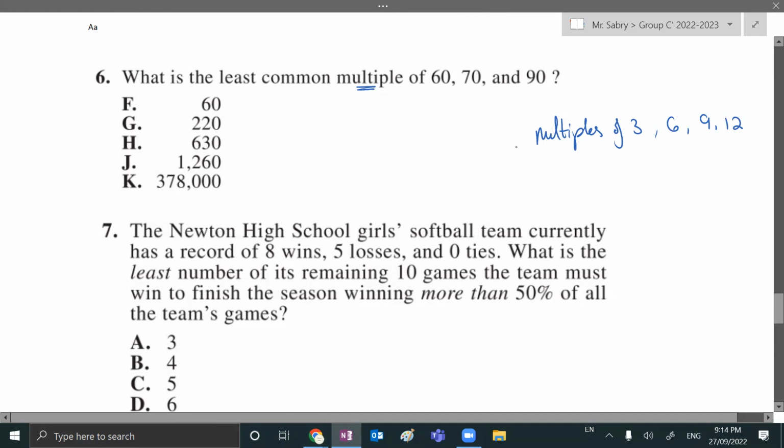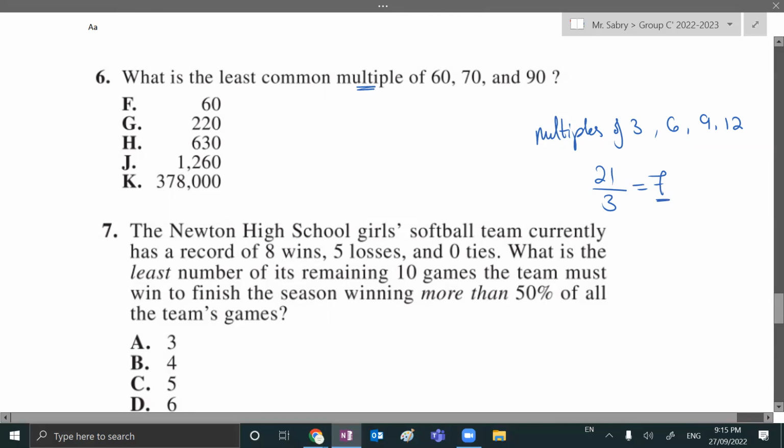All of those numbers are multiples of 3, which means I can divide them all by 3. So if I say is 21 a multiple of 3, that means that I can divide 21 by 3, and it would give me a normal number. It wouldn't give me a decimal. It would give me an integer.